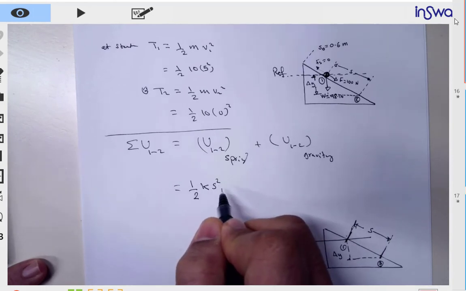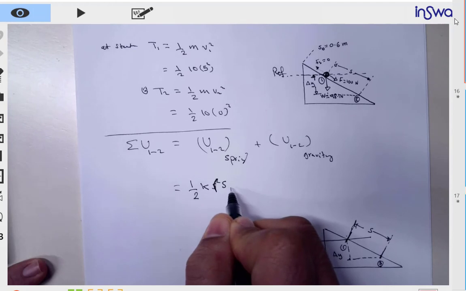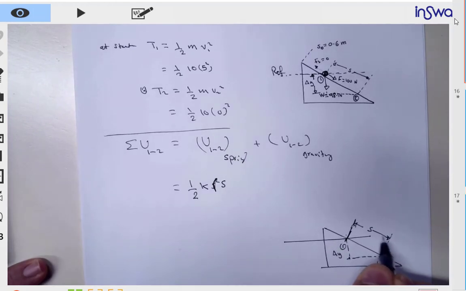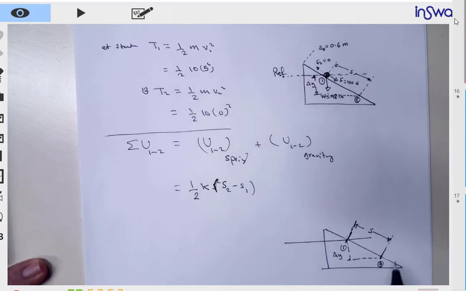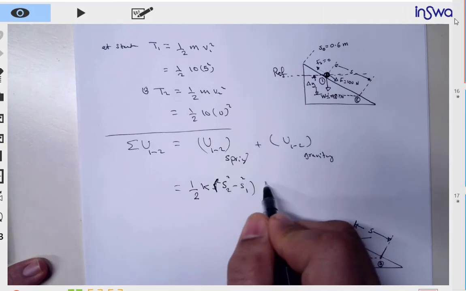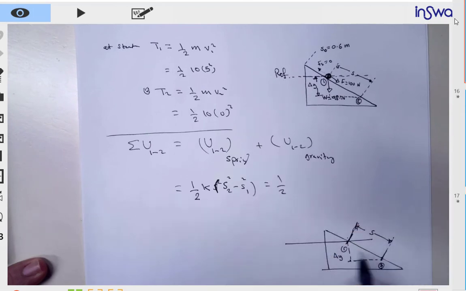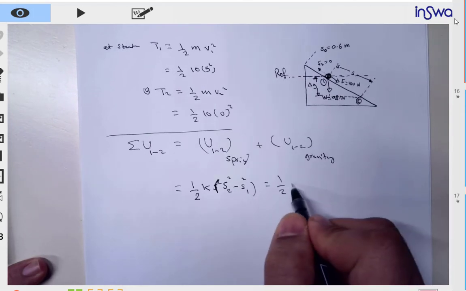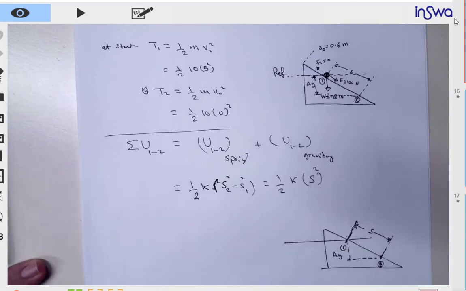If you don't like this, I can do it this way: S2 minus S1, squared. But I'm using S1 as 0, and I'm using S2 as S, for simplicity.